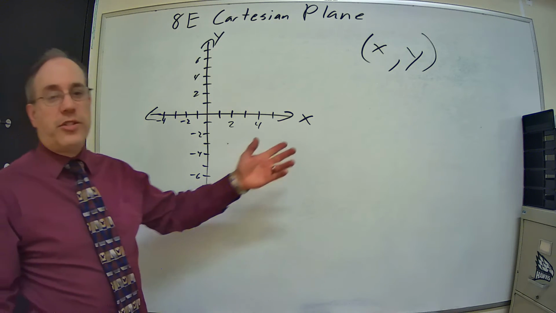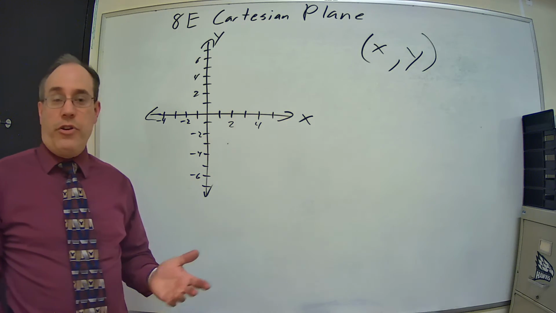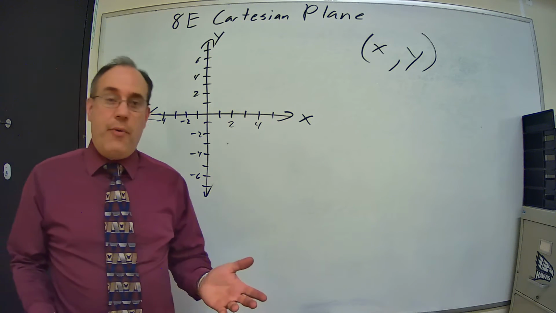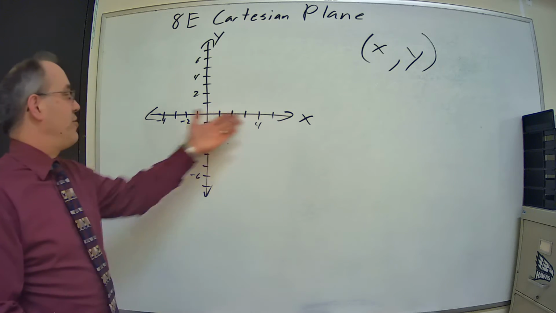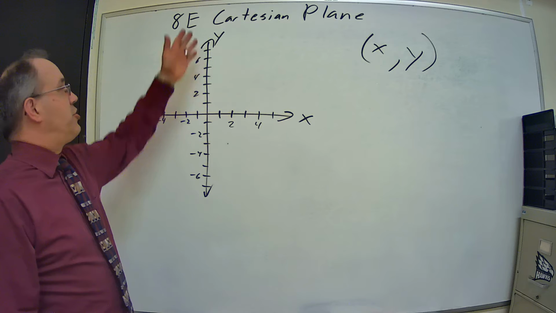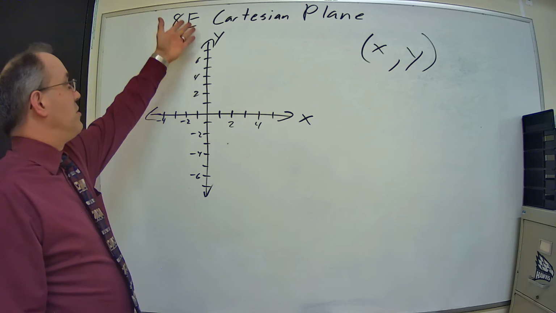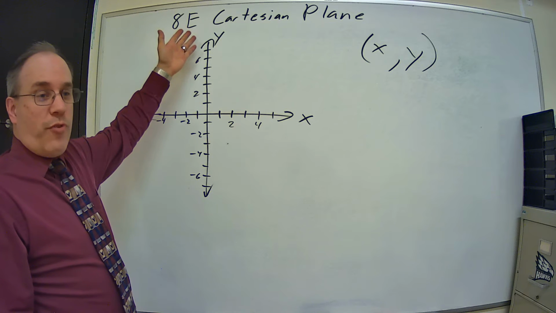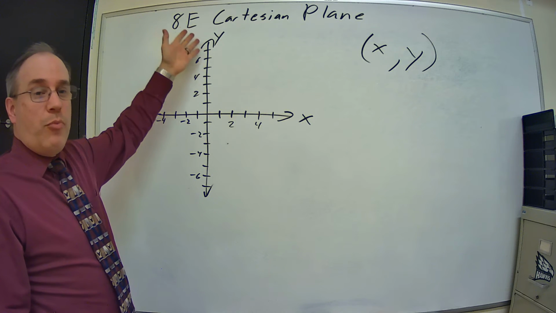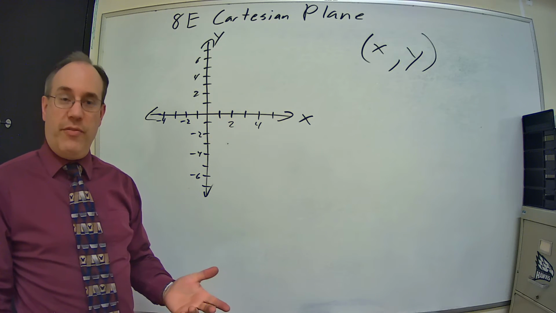Now, if you look at this, you'll notice that the x-axis is really just like our number lines that we dealt with in the past, right? That's your number line, x. The y-axis is just a number line too. As we go further up on the y-axis, we become more positive. As we go further down on the y-axis, we become more negative.